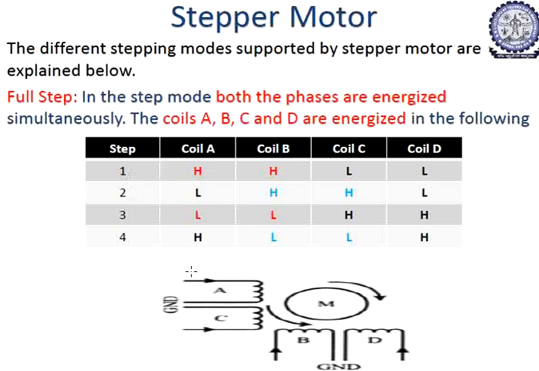What is the first step? If A is high, obviously C will become low, and B is high, then D will become low. So it started rotating like this in the clockwise direction. Now let us make coil A low, obviously C will become high, and I am reminding you that the other phase of coils B and D retains the same position. B is high and D is low.